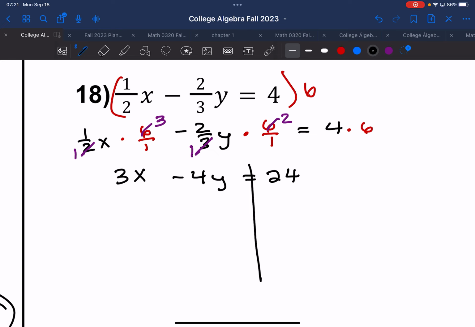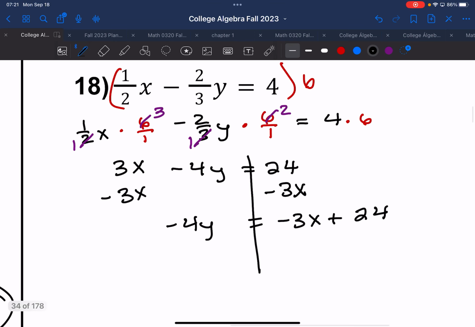So what would be our first step to get y by itself? Subtract 3x. So we have negative 4y is equal to negative 3x plus 24. And then last step, divide by negative 4.